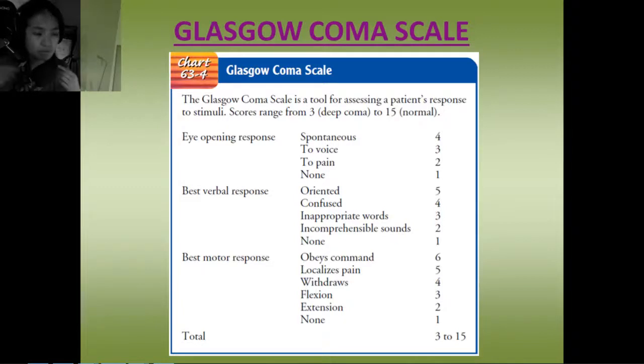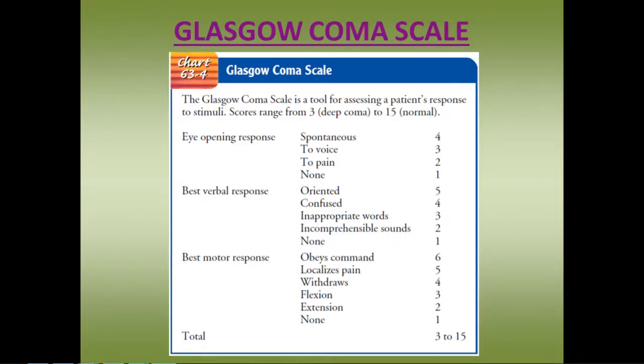Your supraorbital notch is actually an opening on the inner part of your periorbital area. It is found here. You elicit pain by pressing over the supraorbital notch, and then they would try to open their eyes. If the patient's eyes open in response to a painful stimulus, they would have a score of 2.